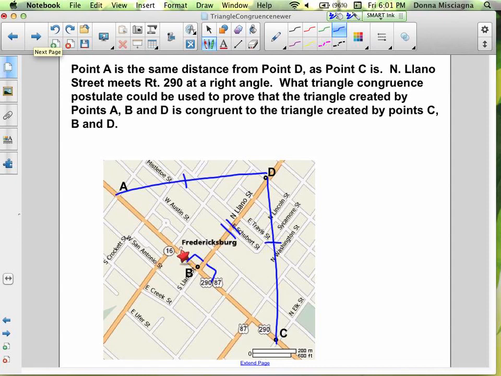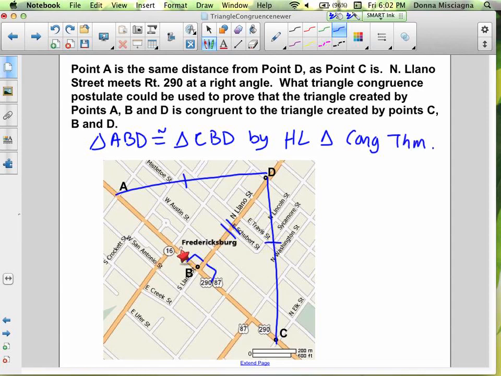So triangle ABD is congruent to triangle CBD by, hope you see it, hypotenuse leg triangle congruence. So easy cheesy lemon squeezy problem there, right? I think that was pretty easy.